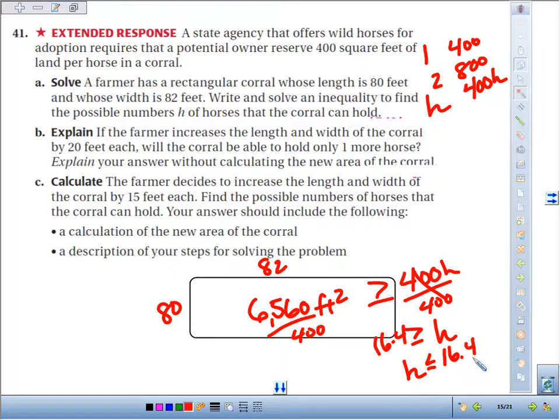Well, you're not going to have 0.4 of a horse. So for part A, we would say the farmer could have less than or equal to 16 horses, or you could say up to 16 horses.